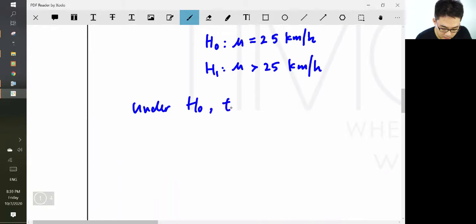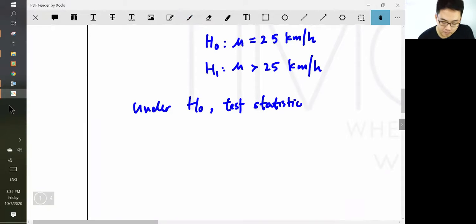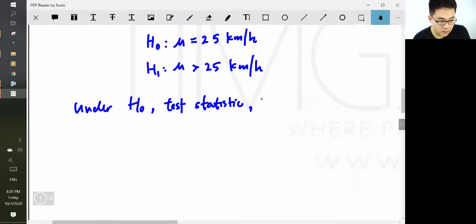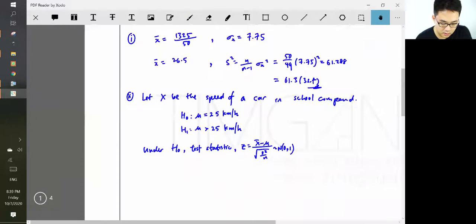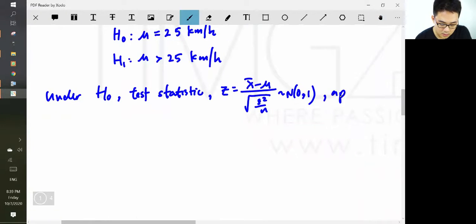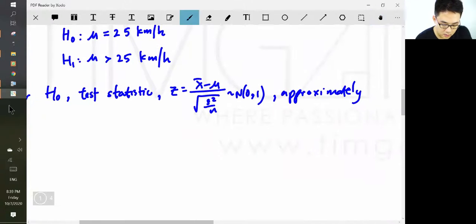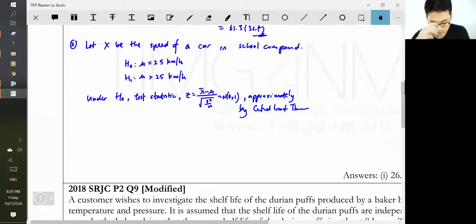Test statistic. You need to use CLT because the population is not normally distributed. Approximately normal by central limit theorem since n is large.